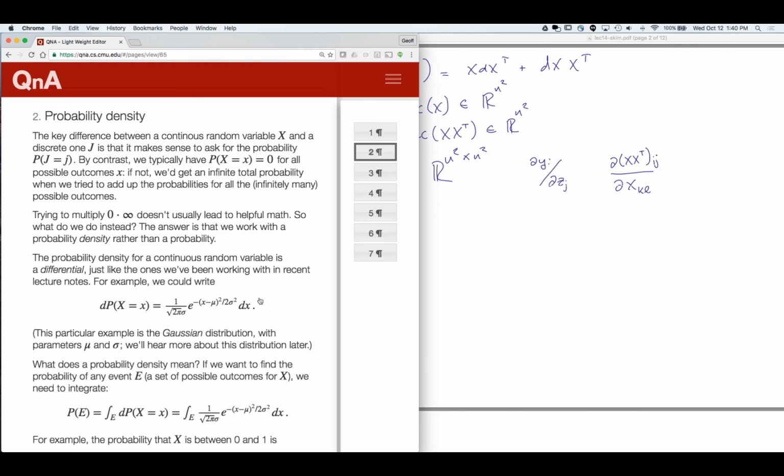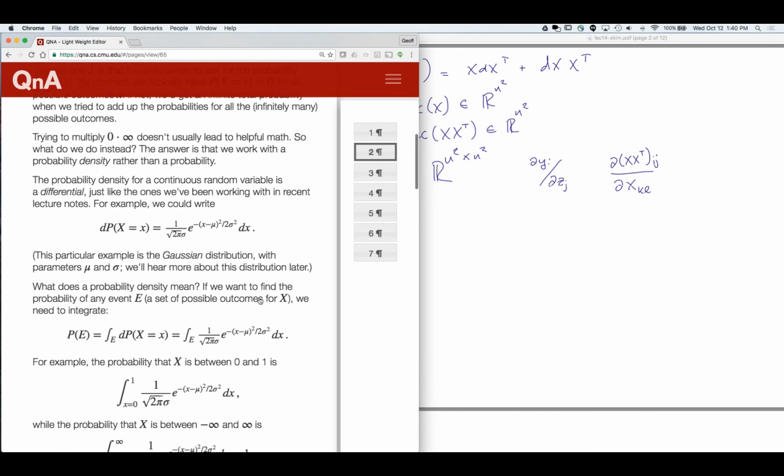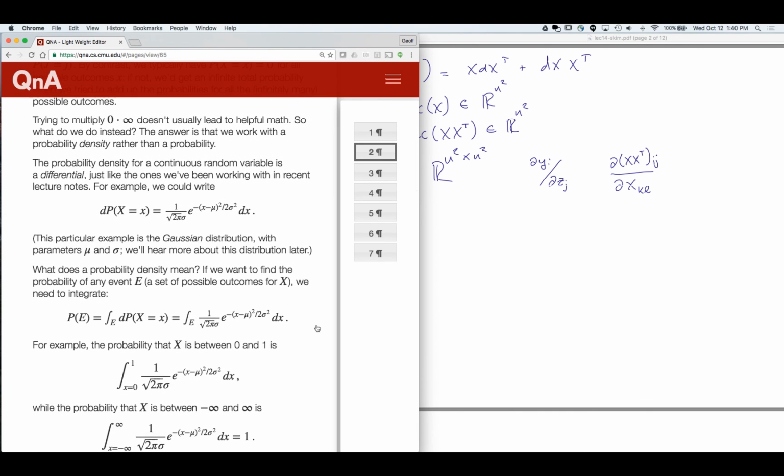So to find the probability of an event E, an event being some set of possible outcomes for x, like maybe that x is between 0 and 1, we integrate. The probability of the event is the integral over that event of the differential probability, so something like the integral over E of this expression dx.